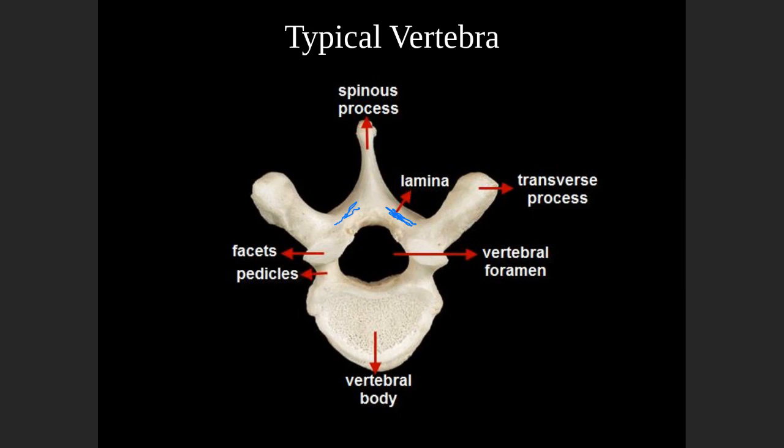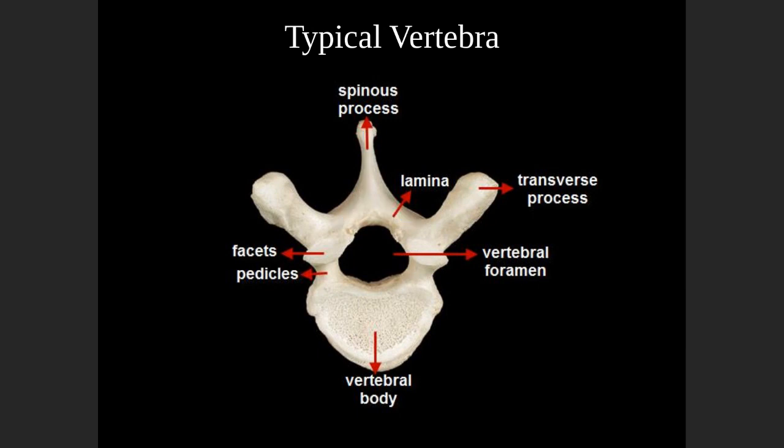Actually, both the lamina during development will fuse together and form the spinous process. If you don't get complete fusion of the lamina, you get a condition called spina bifida. Has anyone ever heard of spina bifida? It varies in severity. In some cases, the baby's born with the spinal cord outside its body, and I hate to say it, it's almost dead on arrival because it won't survive very long.